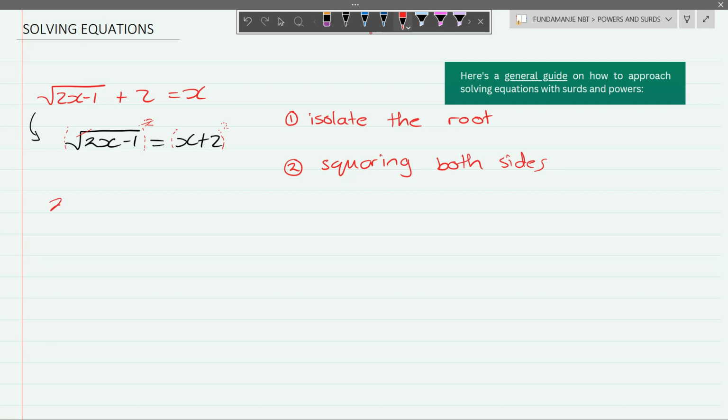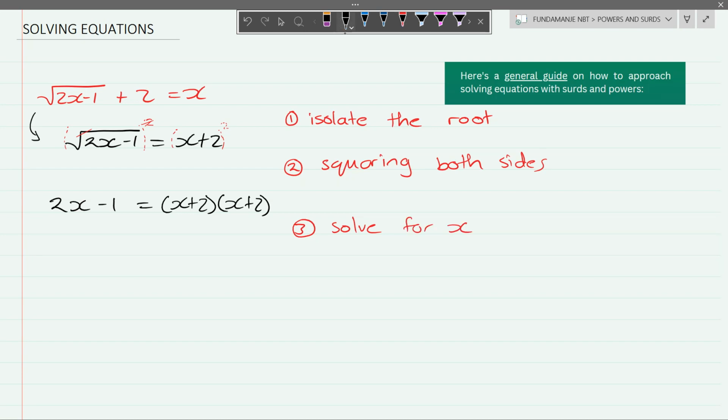So after this, we're going to have 2x minus 1 is equal to x plus 2, bracket, x plus 2. And then the third step, just work out whatever you need to work out. Solve for x just as you normally would.